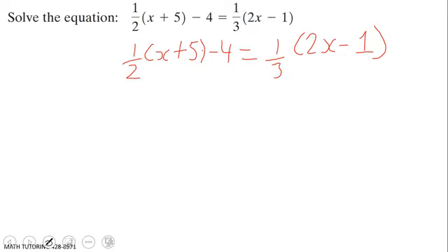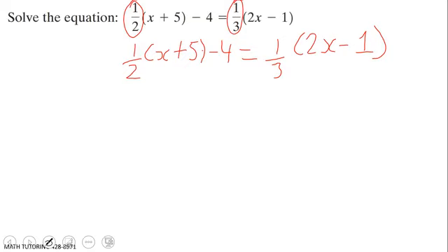Okay, notice that we can, okay, let's see how we're going to do this. We can notice that we have a fraction here, right? So we have a half and we have a third. And we don't like fractions. We want to have constants, like we want to have whole numbers.